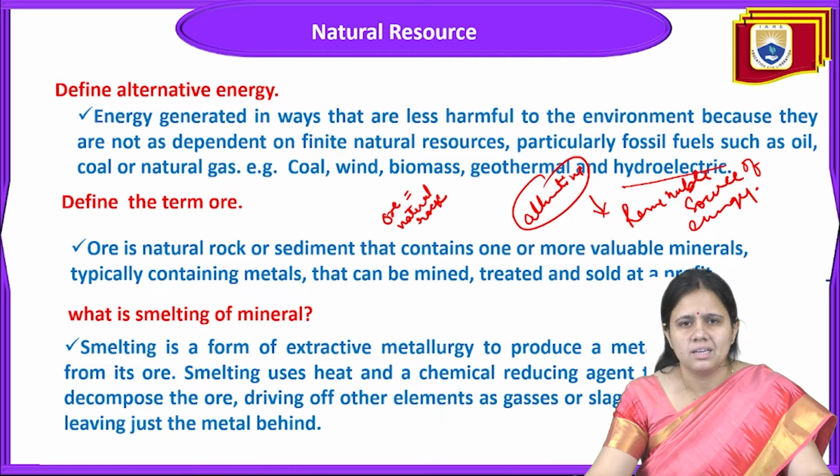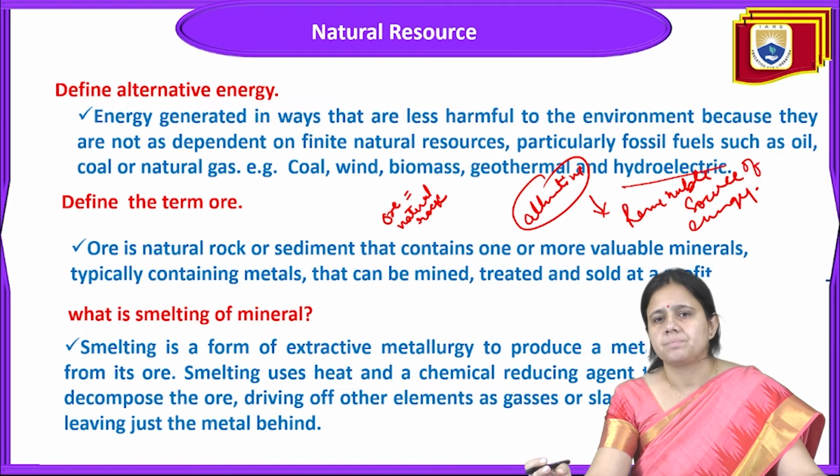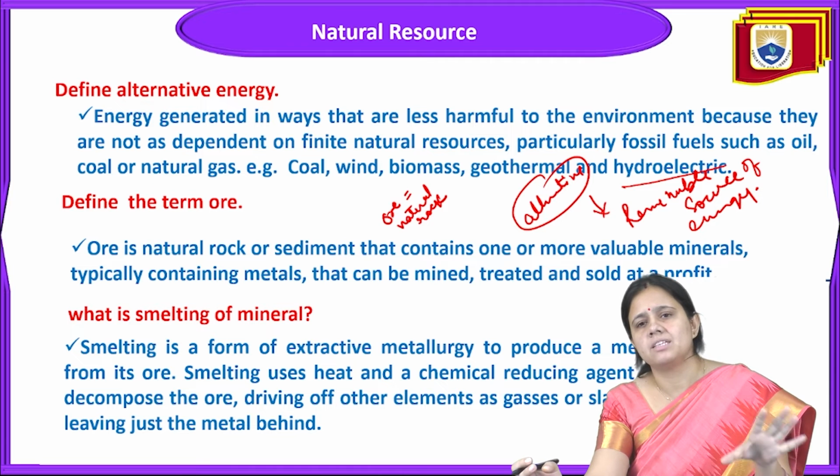Smelting of mineral is nothing but the extraction of minerals from the ore, using heat and chemical reducing agents to decompose the ore. Heat and some chemicals decompose the ore, driving off other elements as gases or slag and leaving just the metals behind.